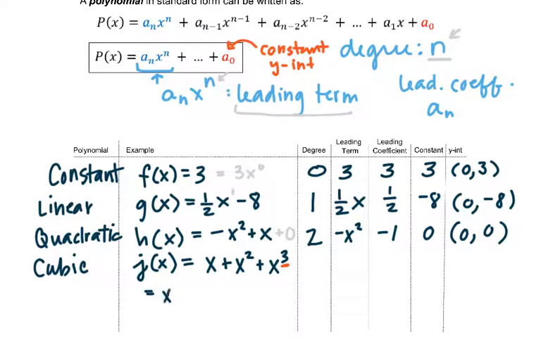We could say this is the same as x cubed plus x squared plus x plus 0 if we wanted all of our terms in descending order. In this situation, the degree is 3. The leading term is x cubed. The coefficient in front of that is positive 1. And again, we have a constant of 0, 0.